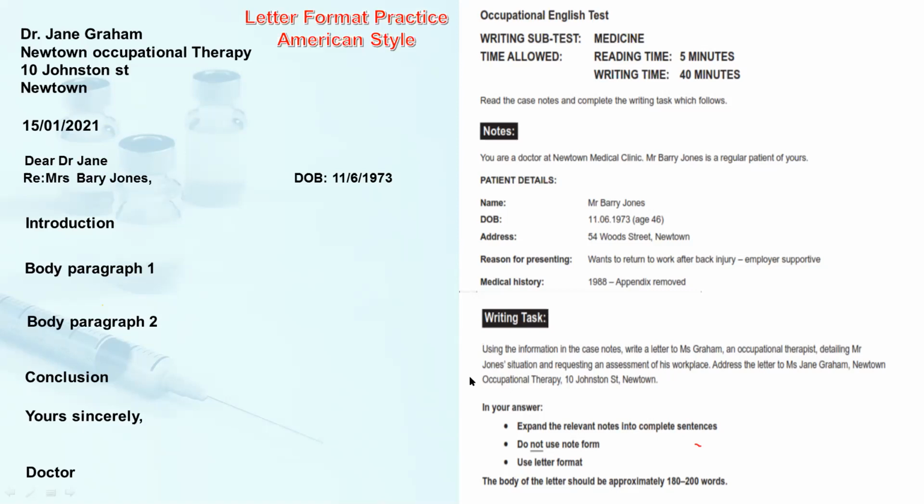Addressing the letter to Ms. Jane Graham, Town Street, Newtown.